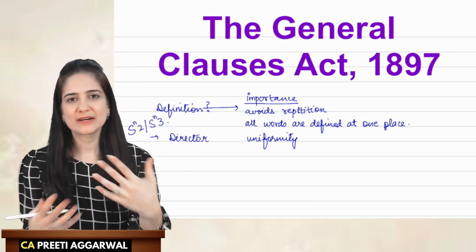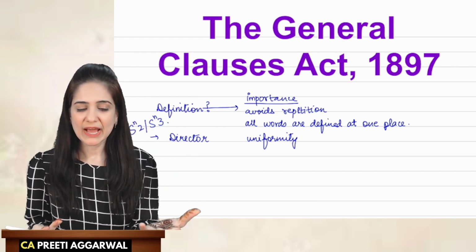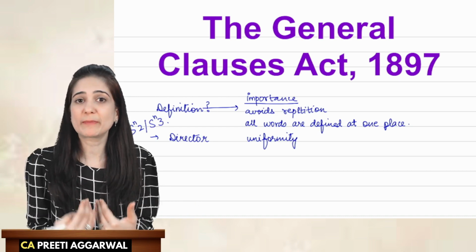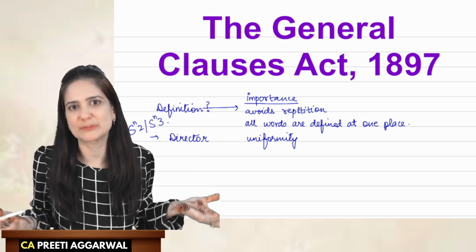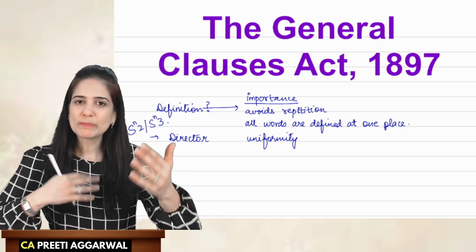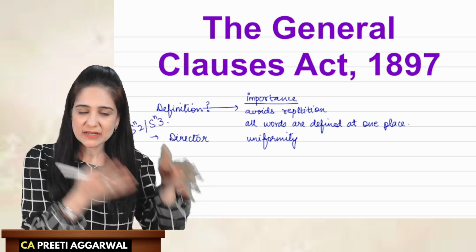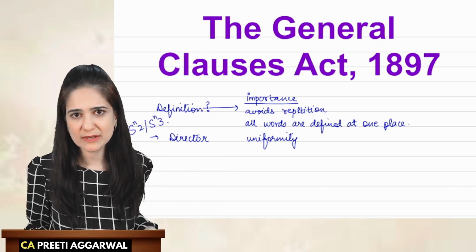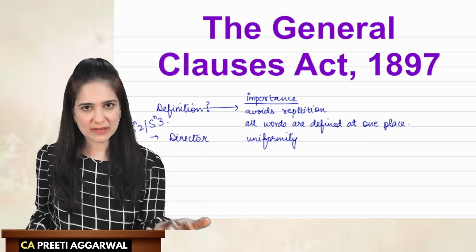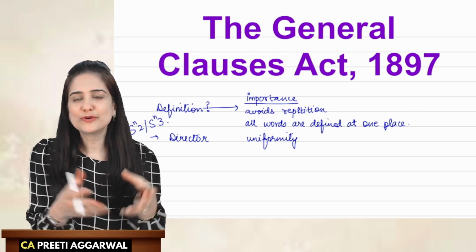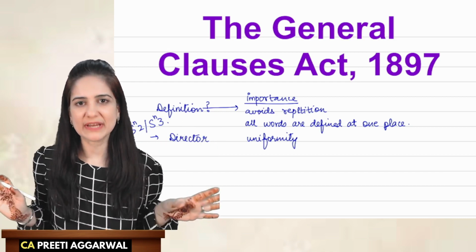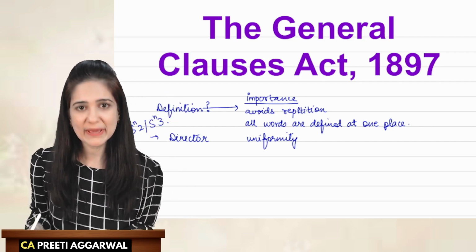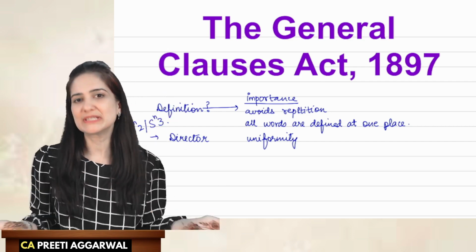You and I are two different persons, and the meaning you attach to a word will be different from the meaning I attach, based on our experiences. Two persons reading the same act may assign a different meaning to the word director. So we tell the lawmaker: instead of leaving it to the understanding of the reader, why don't you define what you had in mind while making the act, so that it becomes easy for people to understand?